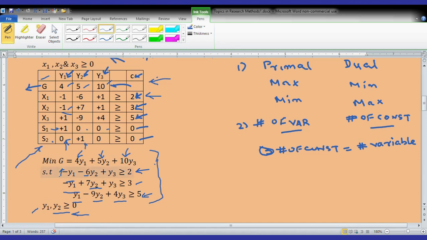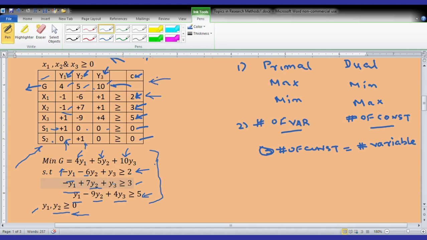So remember that every row is to be used in this table to write down every equation in the dual. Every element is representing the coefficients of y1, y2 and y3 in the objective function and the constraint functions. So see how many constraints we have. 5.